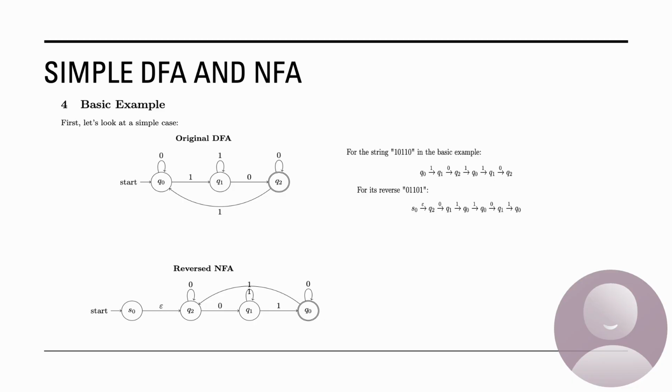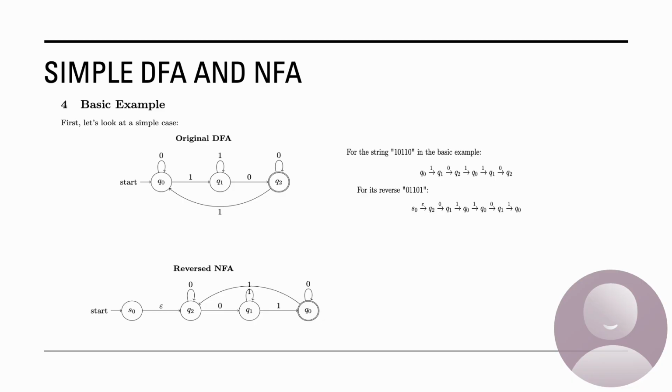Then when constructing the reverse NFA, we add the S0 to help us in navigating the accept states, by the epsilon transition that will let the NFA jump into any accepting state in the original DFA. In this case, the accepting state in the DFA was Q2, so S0 would jump to Q2.